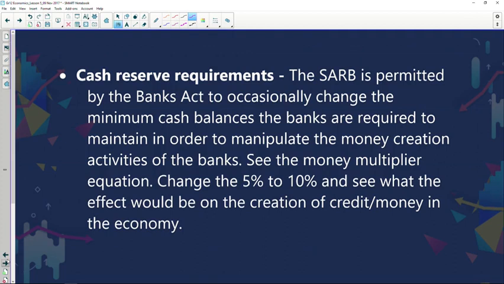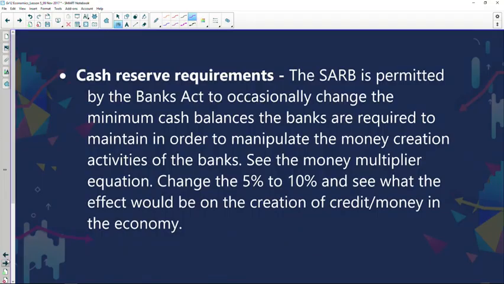C, the money multiplier equation: change the 5% to 10% and see what the effect would be on the creation of credit or money in the economy. We know that banks are also in the business of making money.